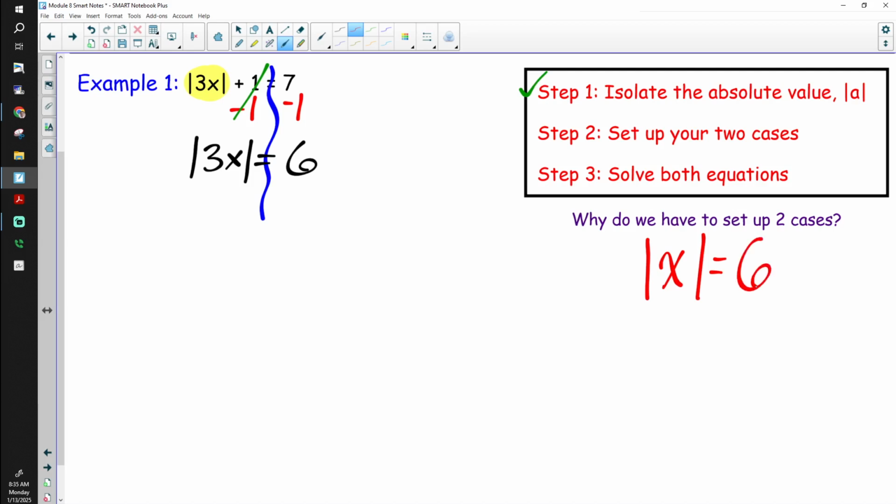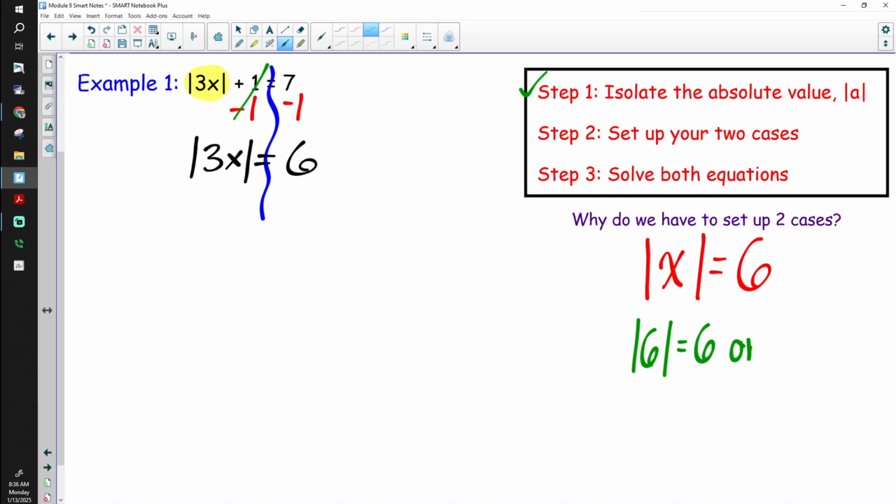Okay, little side quest. What could you put in for x to make this equal 6? The absolute value of what equals a regular old 6? Yeah, the absolute value of 6 equals 6. What else could you put in there to make it equal positive 6?